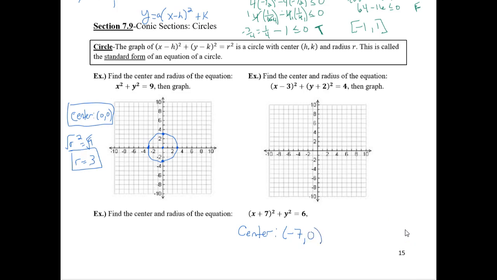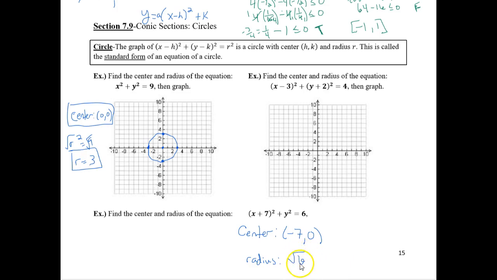As far as the radius, we can see from this last problem that it's always going to be the square root of whatever that r squared value is, right? We had to take the square root to figure out what r is, so we'll have to take the square root of 6, and the radius would just be the square root of 6. Since it's not a perfect square, I can't actually take the square root and get a nice number.